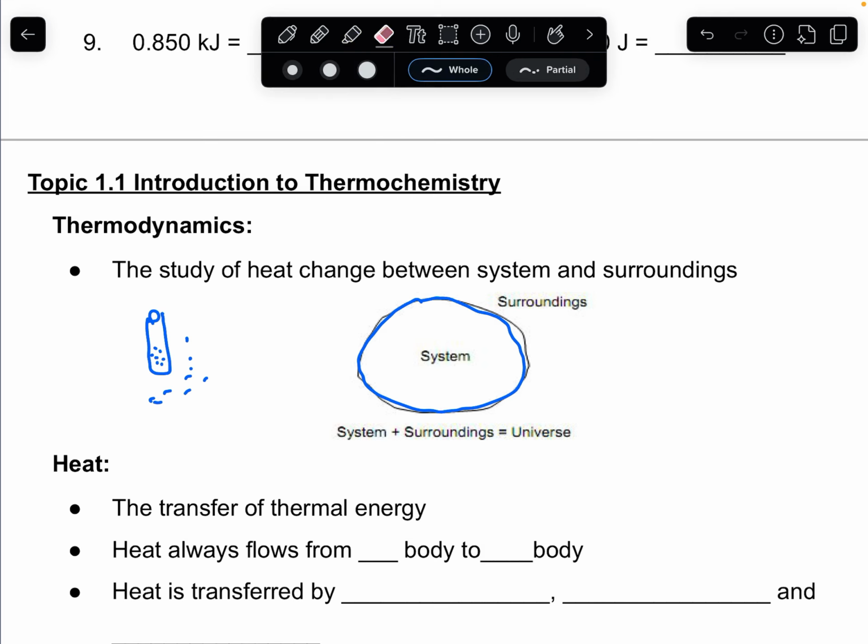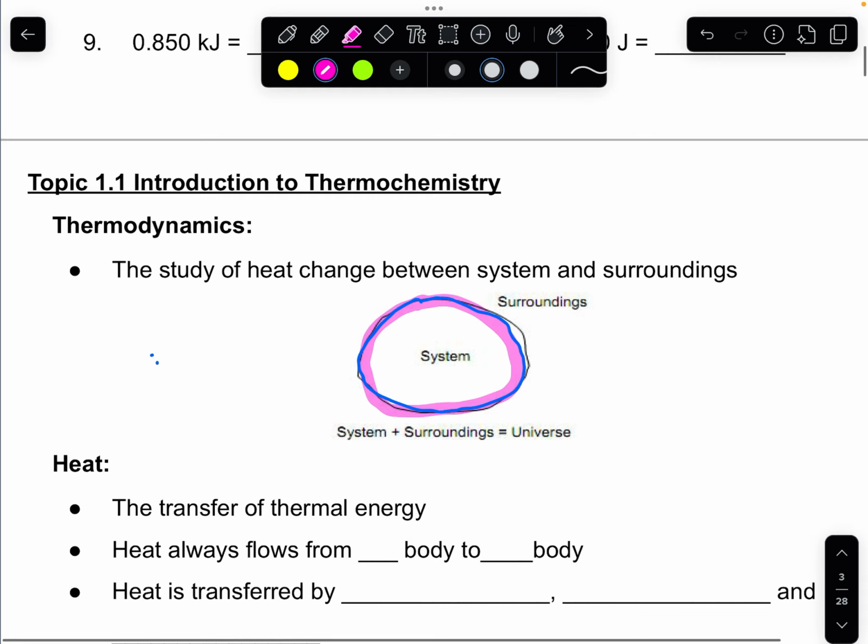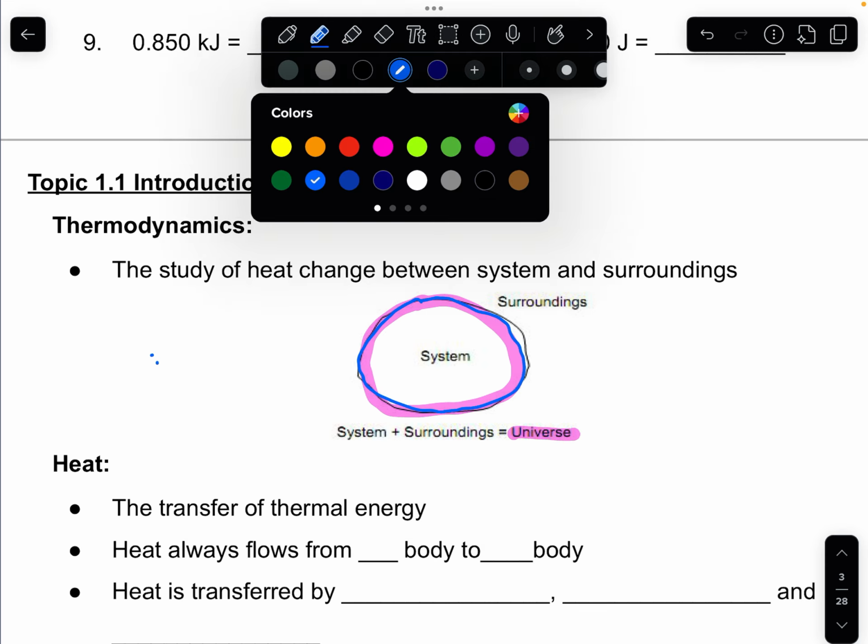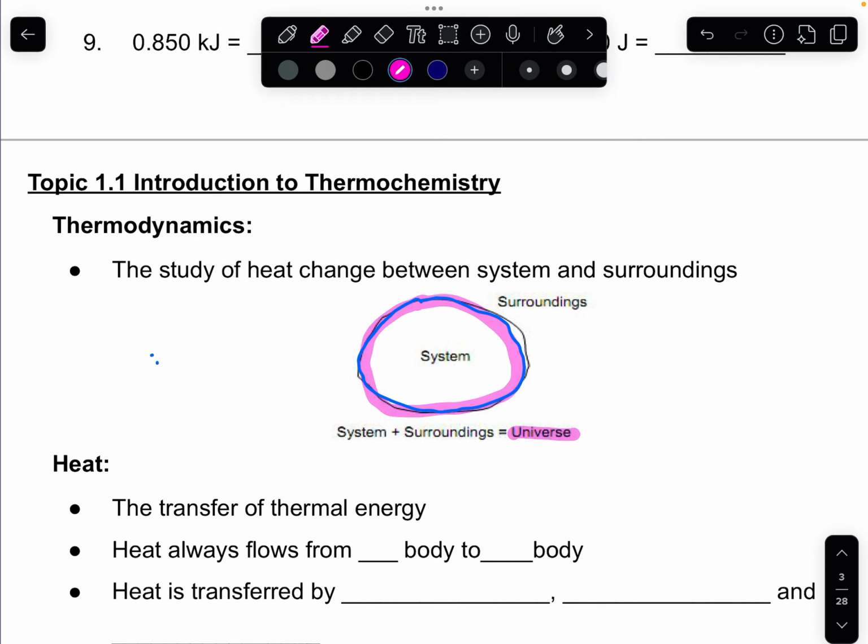Okay, so we have system and everything outside is surrounding. So our universe is actually the combination of system and surroundings. So whenever I say system, that is every reactant, including whatever vessel or apparatus it is in.